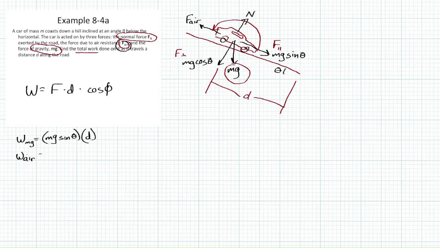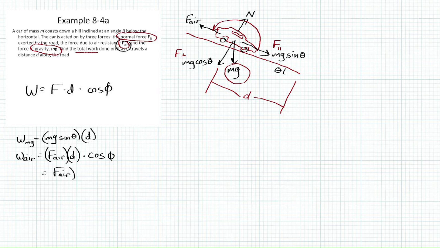Well, if that's 0, then this all the way over here is 180. So the work done by the air would be the force of the air times the displacement times cosine of phi, which in this case would be 180.